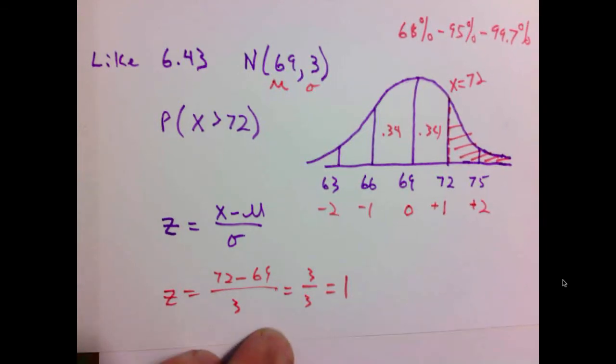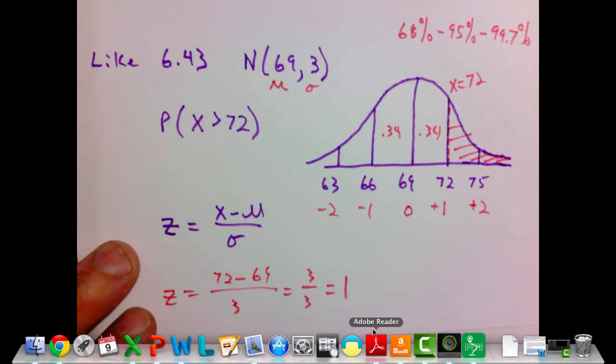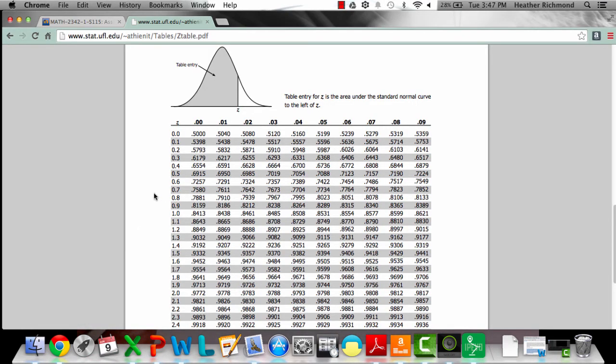We go back to the table again, and I want to find a z-score of 1. Here is 1.0, and as you can see, that's 0.8413. That is, to the left of 1 is 0.84, or 84%.